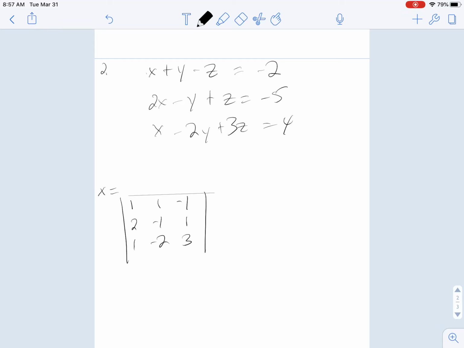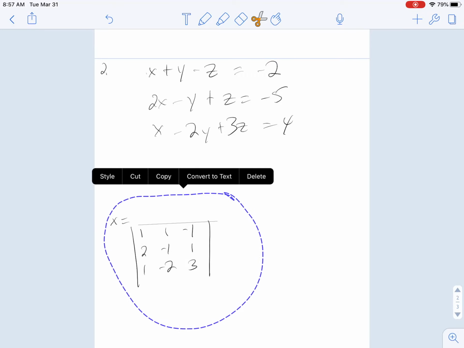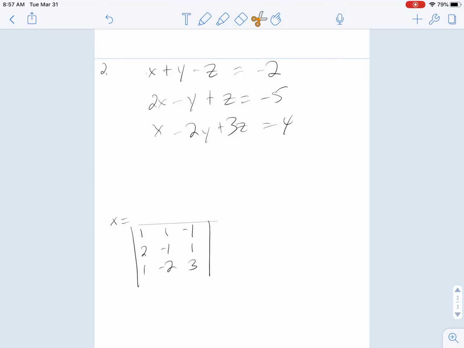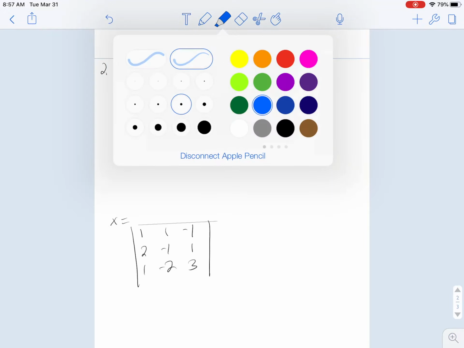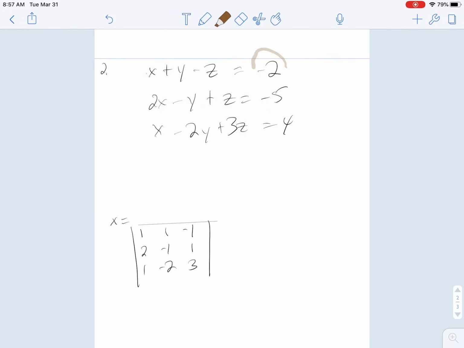Now, in the numerator for x, watch what's going to happen. In this case, we're going to take negative 2, negative 5, and 4. They're going to replace the coefficients out in front of x.